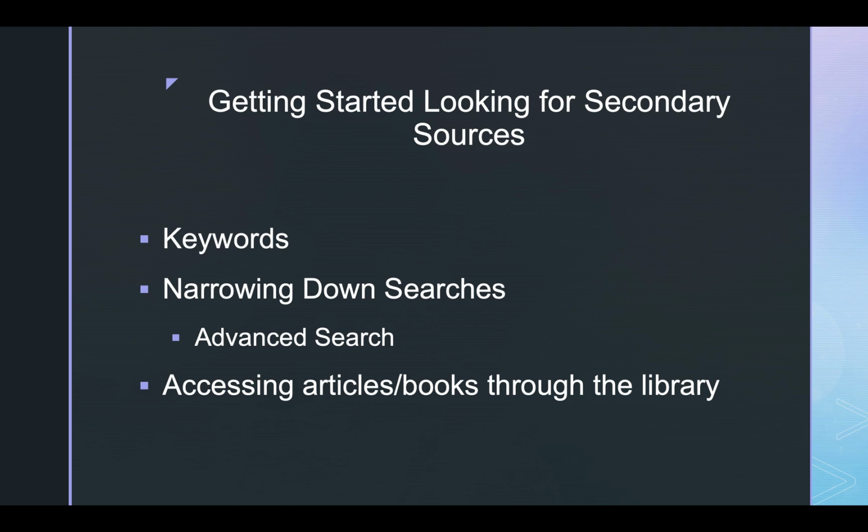So by now, you all have tried making a search for secondary sources. Try to narrow down your searches. If you're making really big searches and nothing's coming from it, just try narrowing down. Make a general search for general topics.